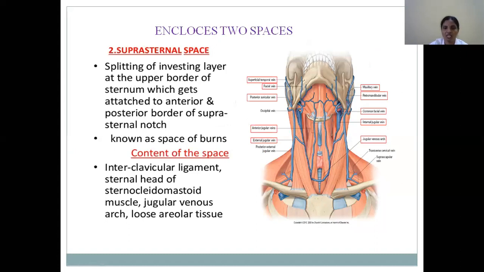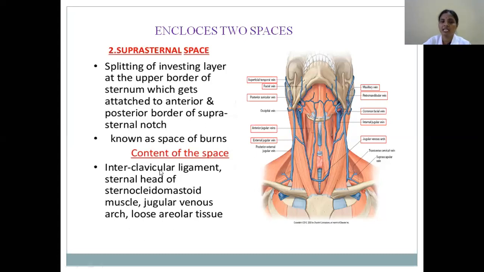So at this suprasternal notch, the investing layer is split, forming an enclosure for this space, which is known as the suprasternal space, otherwise called the space of Burns. So what is this space of Burns? It is because of the fascial splitting of the investing layer just above the manubrium sterni. And important structures are present here, and how this space is important for us.